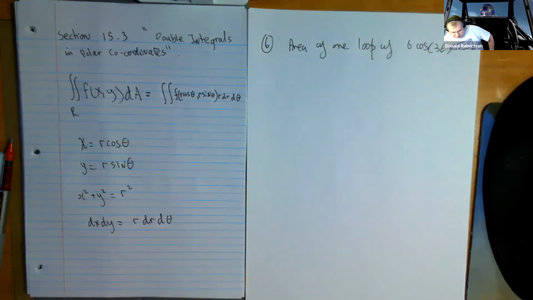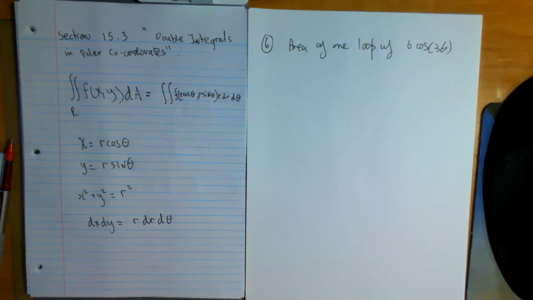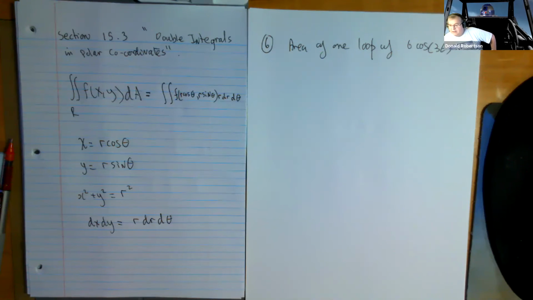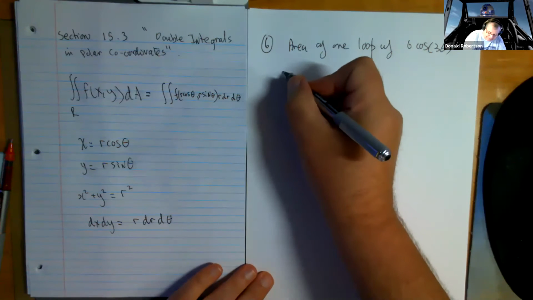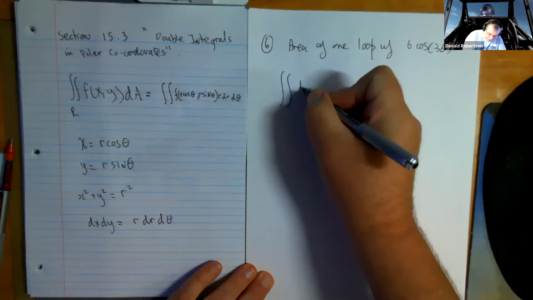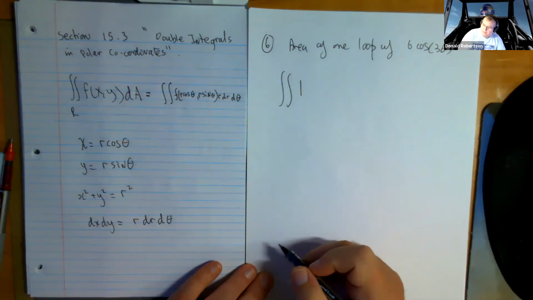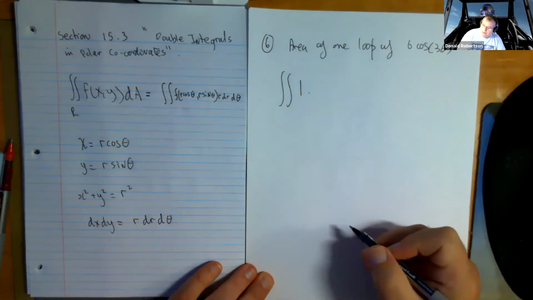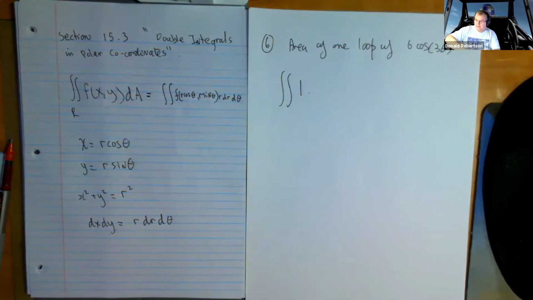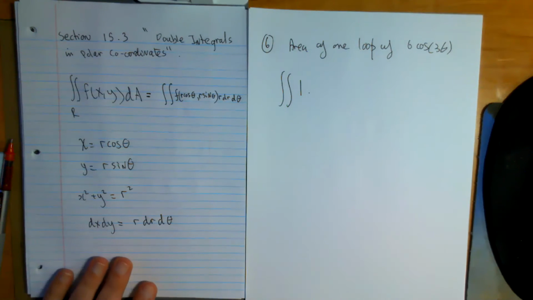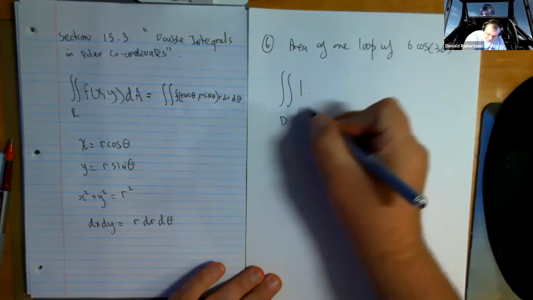And you might say, well, how can we do that? Because double integrals calculate volumes, they don't calculate areas. But technically, if you do a double integral of 1, so it's 1 unit high, won't the volume be the same as the area? So that's how we get around that.